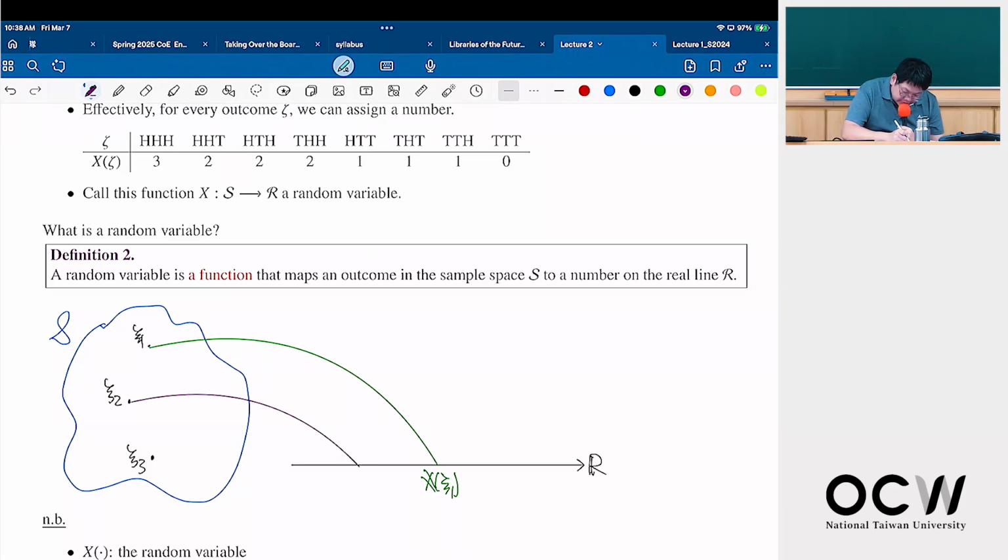C2 will be here, and for C3, I also map C3 to a number on the real line.